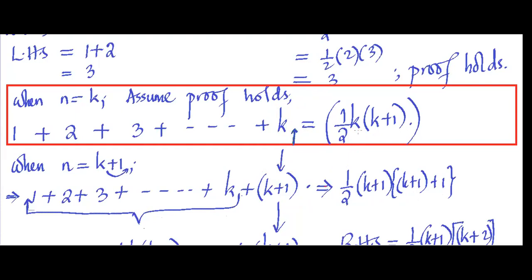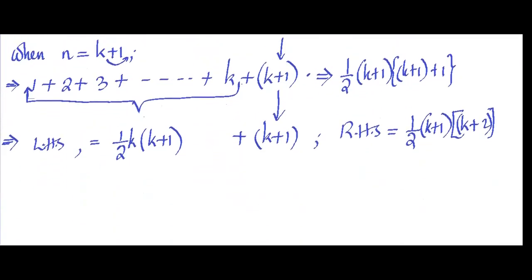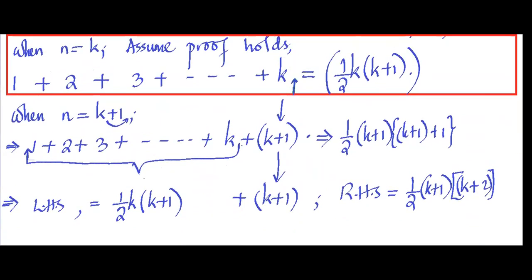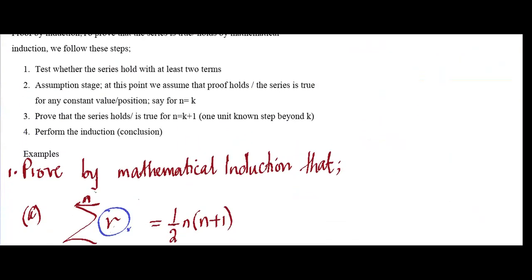When you moved one step ahead with k, like when you got k plus 1, did you add 1 necessarily because r was equal to 1, or maybe that's just the policy? It is in the steps we use. Maybe you missed the introduction. It's a step in the formula of proving by induction. The second last step is to prove that the series holds at one unit beyond the k, which is k plus 1.